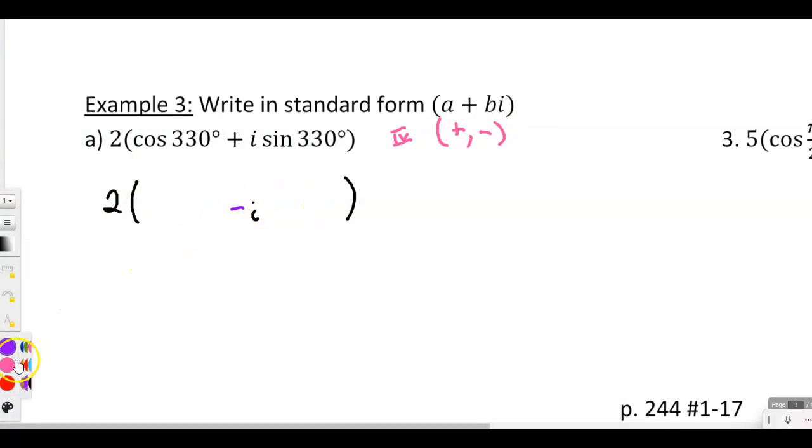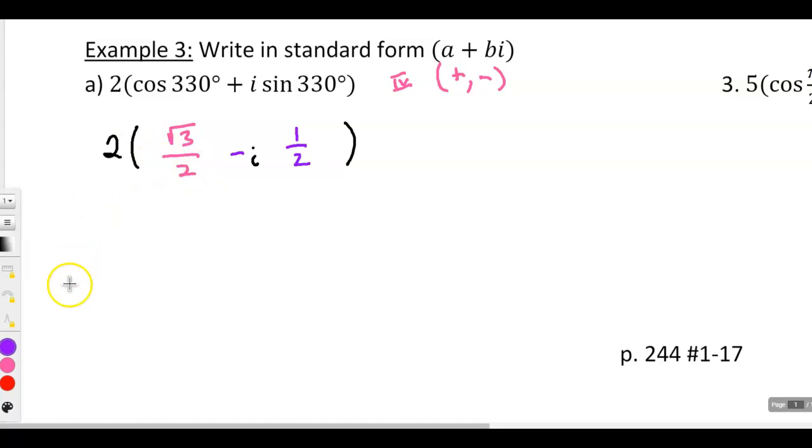So we have root 3 over 2 minus i sine, times negative 1/2. Well, we already got the 1/2 negative in there, so minus 1/2.